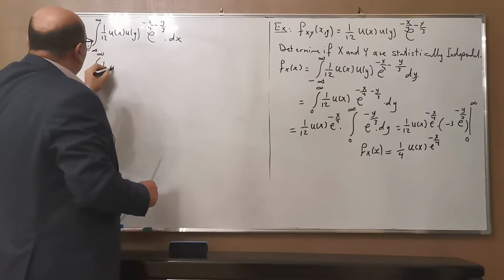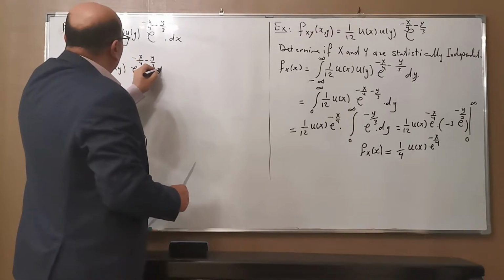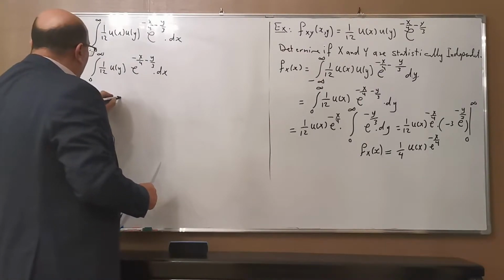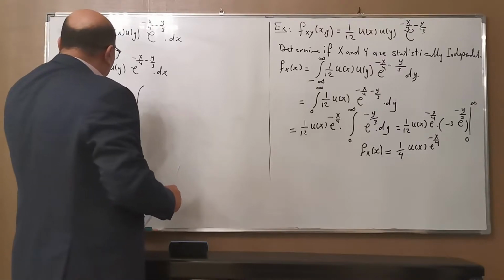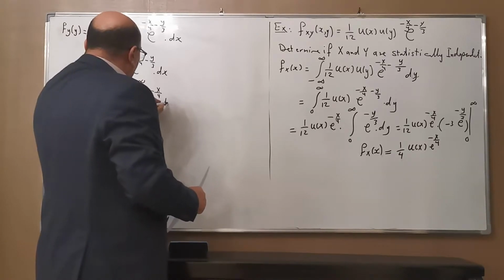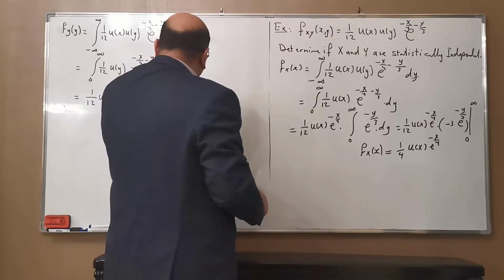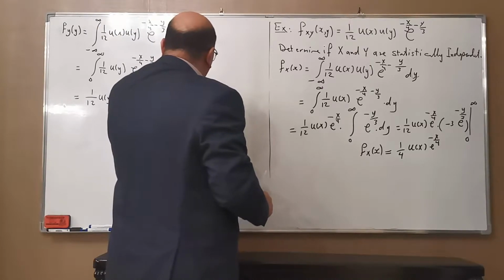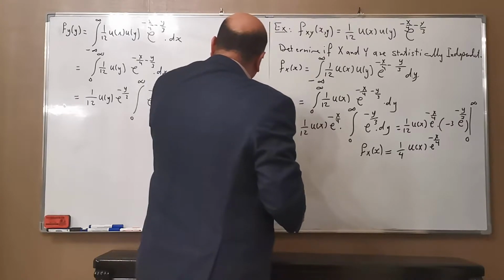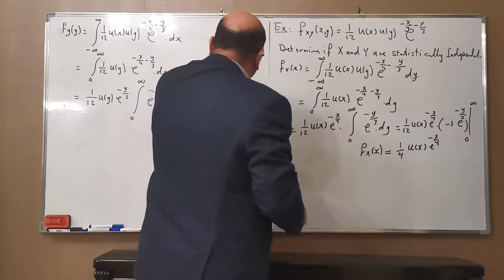We can take 1 over 12 u of y as a constant, e to the minus y over 3, times the integration from 0 to infinity of e to the minus x over 4 dx, and this equals 1 over 12 u of y e to the minus y over 3 times minus 4 e to the minus x over 4, valid from 0 to infinity.